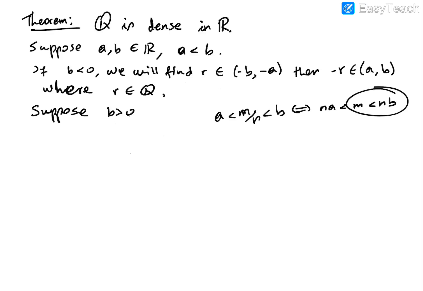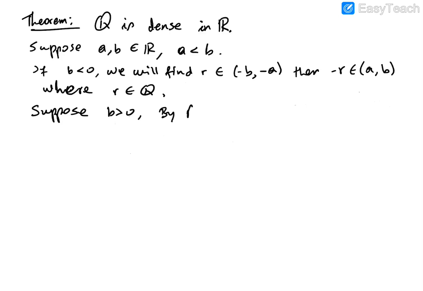We'll see if we can find an m right up against nB, okay? So that's what we're going to do. So we'll build a set and see if we can find the one element m that's just next to nB. So suppose B is greater than 0.